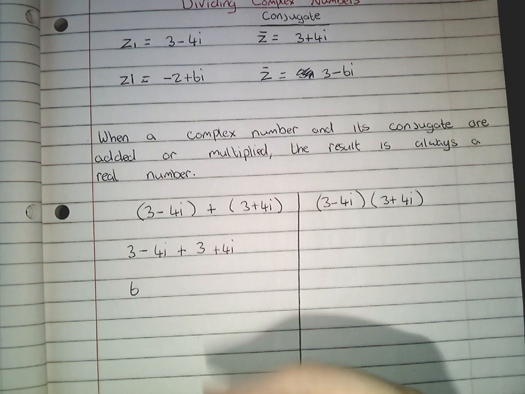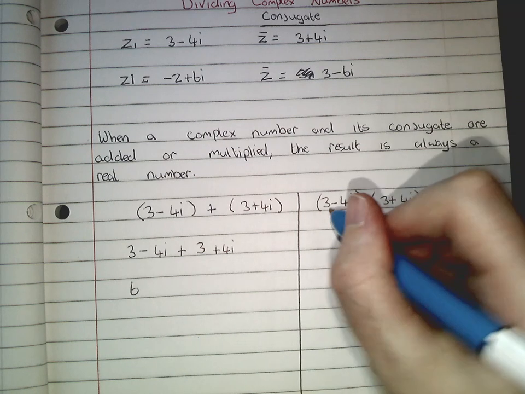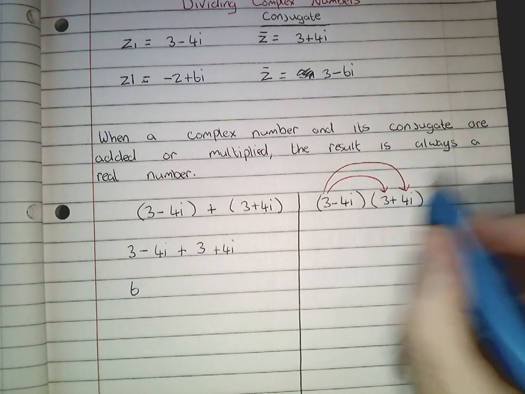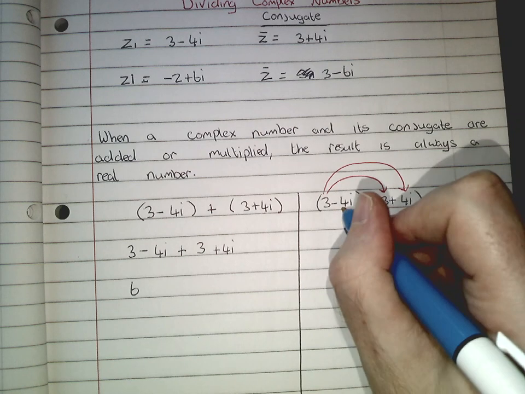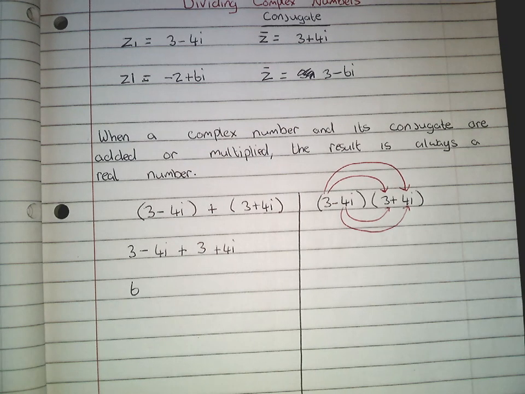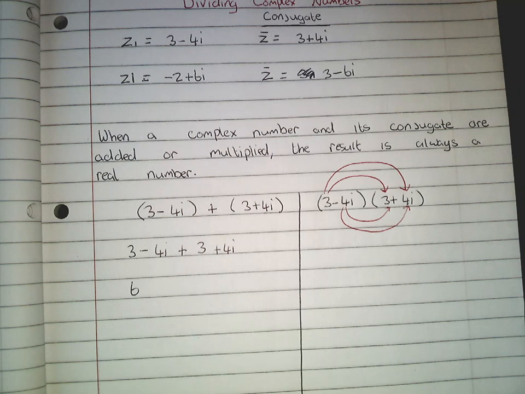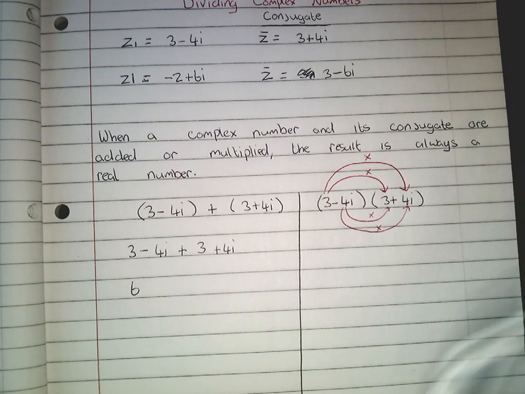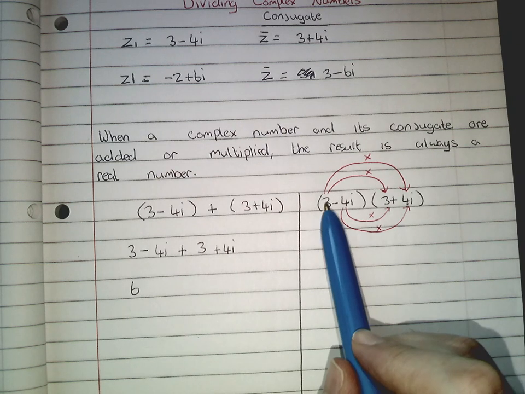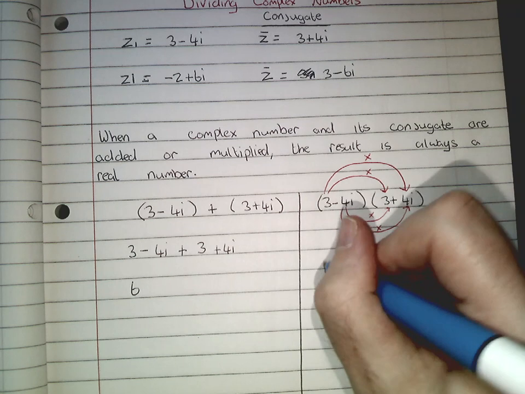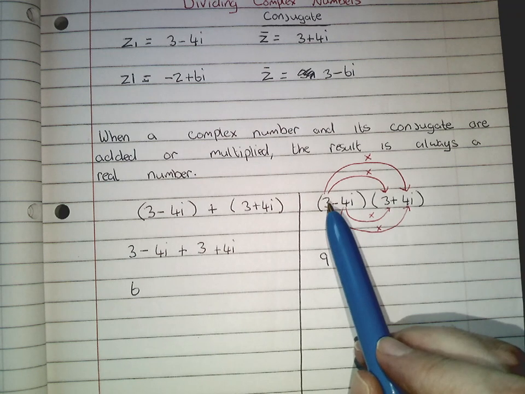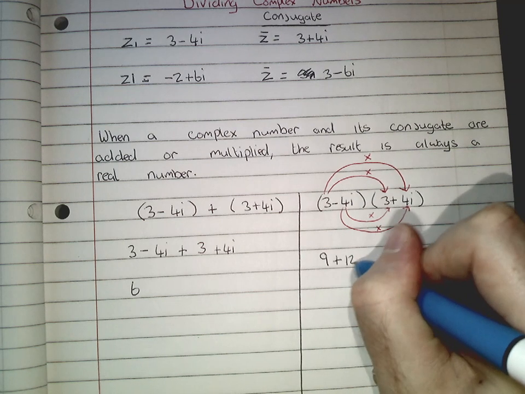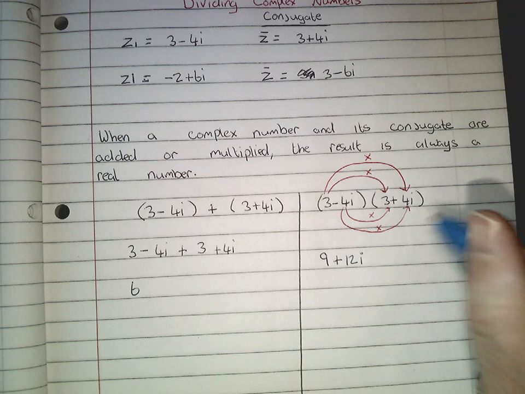If we want to multiply these two together, remember, we multiply this part by this, then this part by this, then this part by this, and then this part by this. So let's multiply these out. 3 multiplied by 3 gives us 9. 3 multiplied by plus 4i gives us plus 12i.